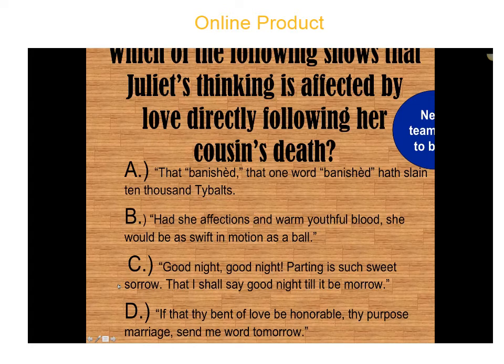Sorry about that. The mouse is pretty sensitive. I'm working with a Mac here. Okay, so which of the following shows that Juliet's thinking is affected by love directly following her cousin's death? As you can see, all of these answer choices are from the original version of William Shakespeare's Romeo and Juliet.